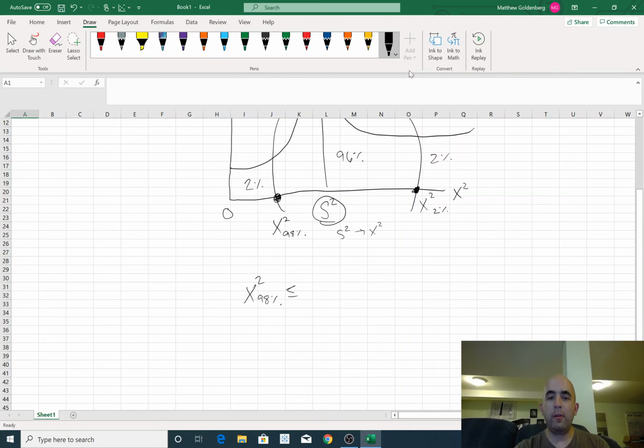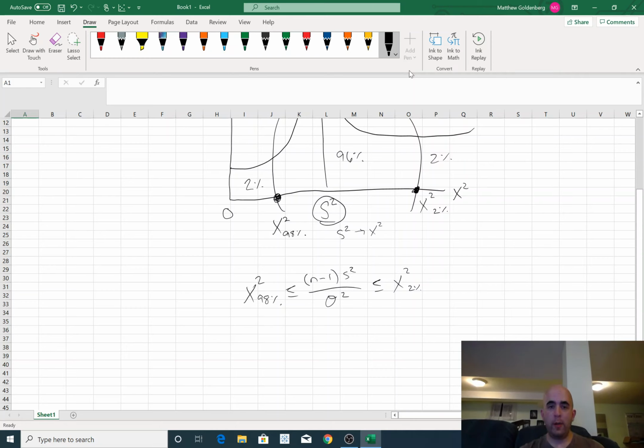In this case, since we have no numbers for our sample, we don't know what that is. So we're going to put in our next best formula for that, which is our chi-squared formula. That's going to represent our population variance in chi-squared units. And then we do the chi-squared of 2% to the right.